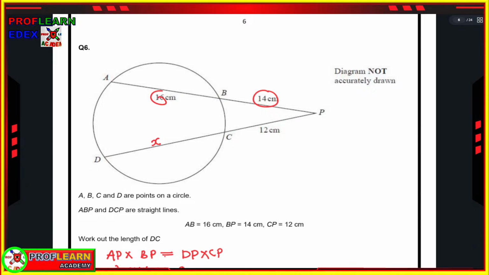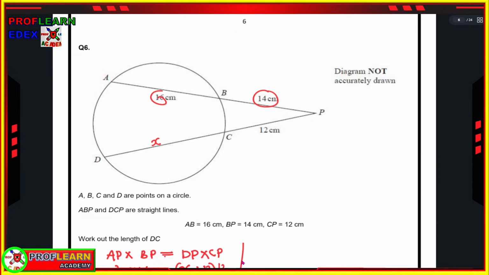x plus 12 into x, and then x plus 12 times 12.